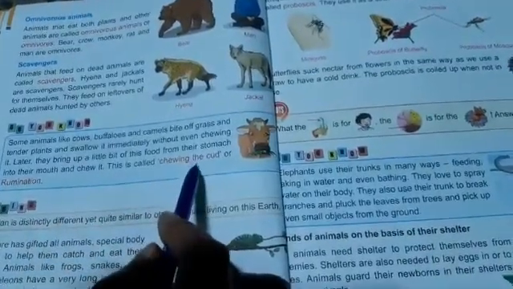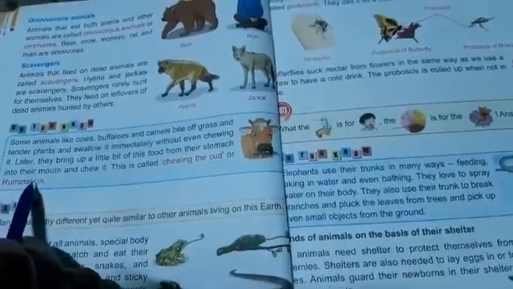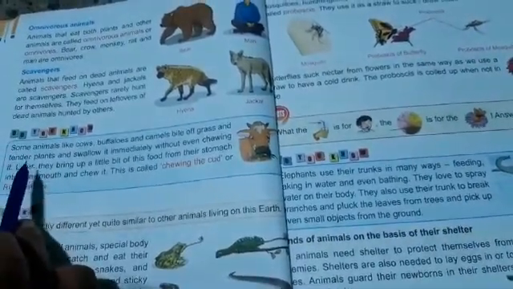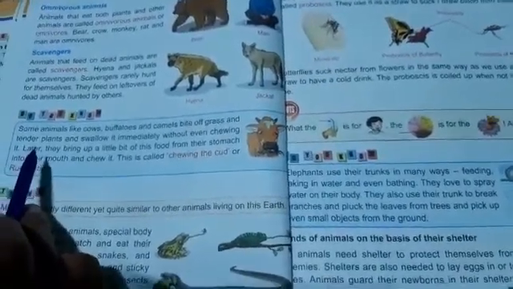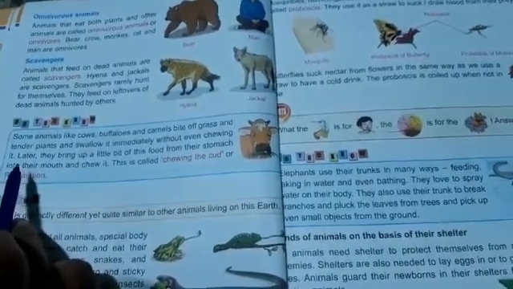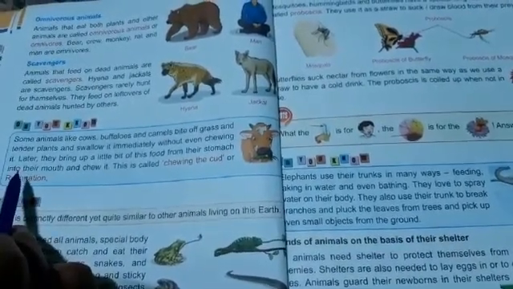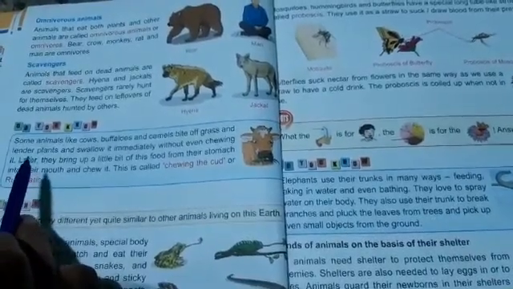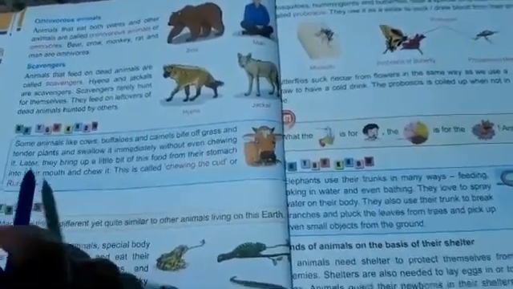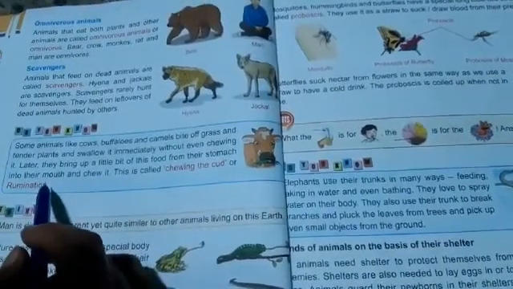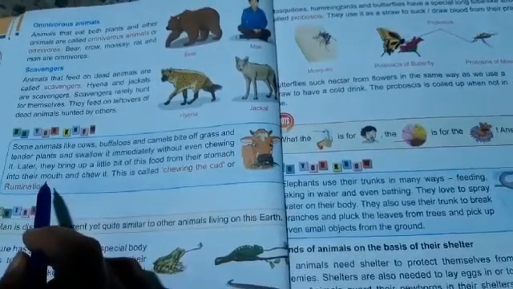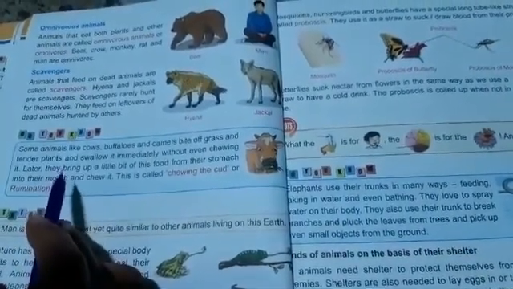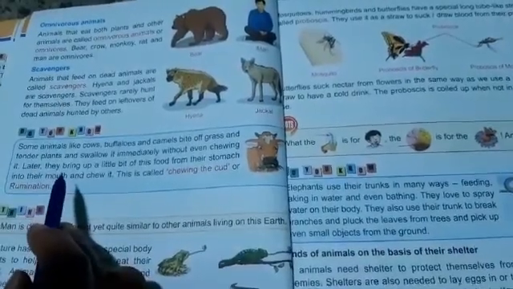This process is called chewing the cud or rumination.